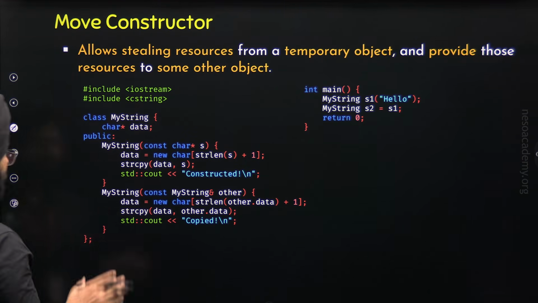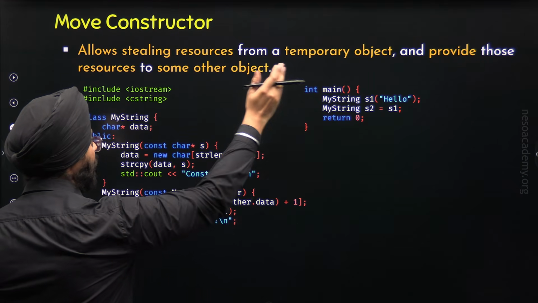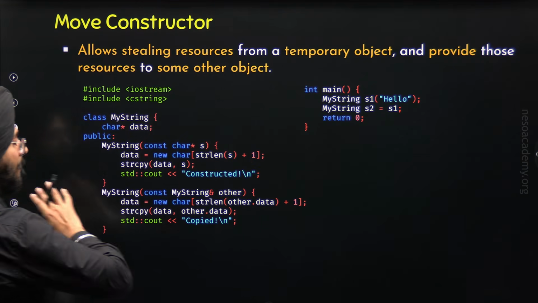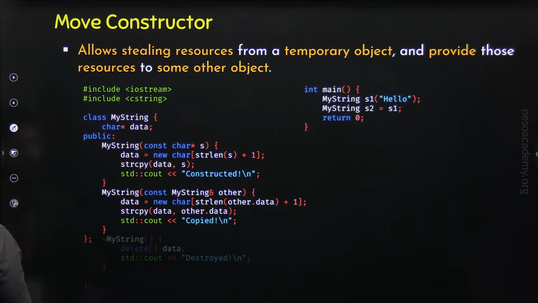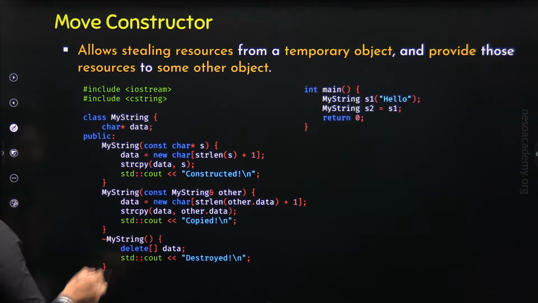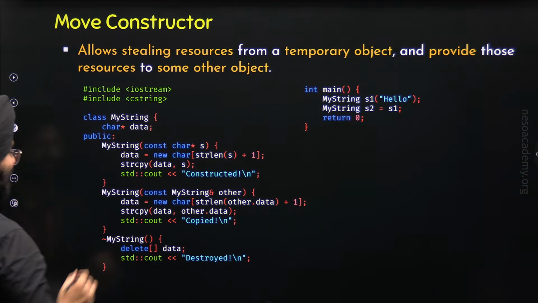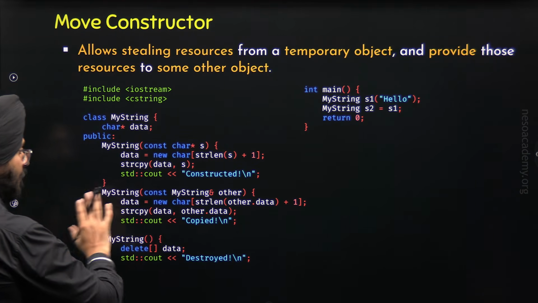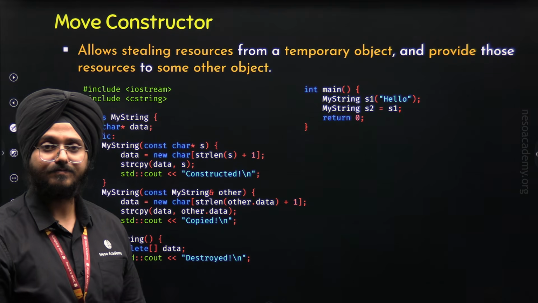Now after this, let's define the destructor for both these objects, because when the function completes execution, then these objects must be completely destroyed. And for this purpose, we need a destructor like this. When this destructor is invoked on s1, then the array associated to s1.data will be deallocated and "destroyed" will be displayed on the screen.